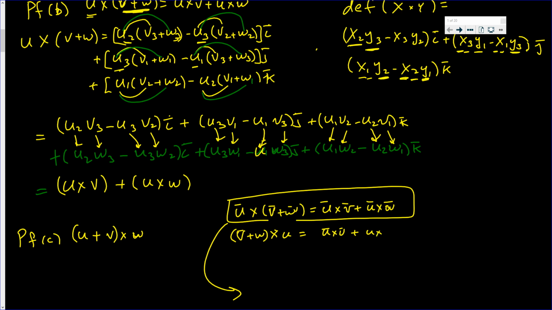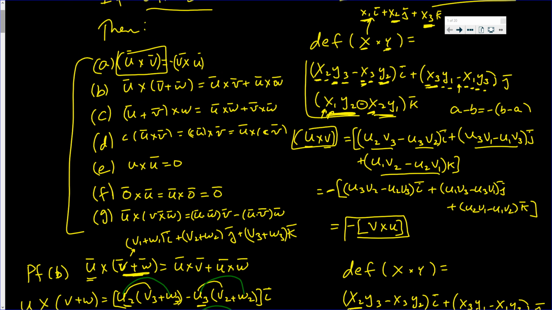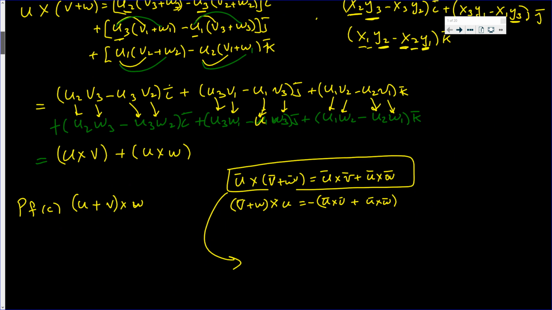plus U cross W negated. Okay, negated. Why? Because of rule letter A. It says that if you switch the order of U and V in a cross product, you get the negative.